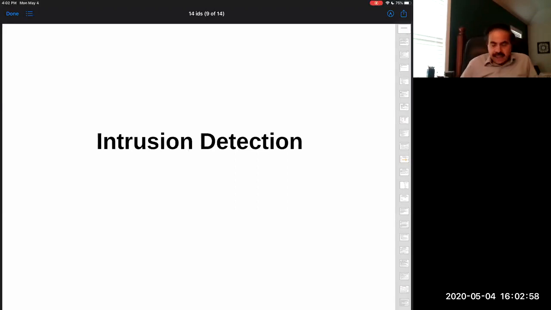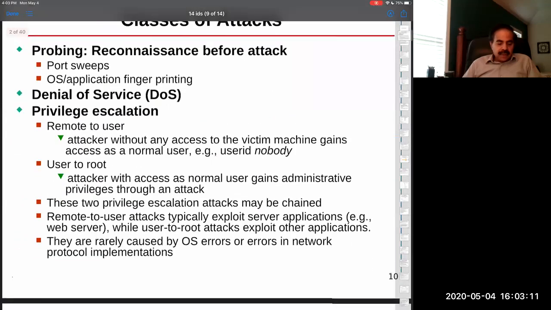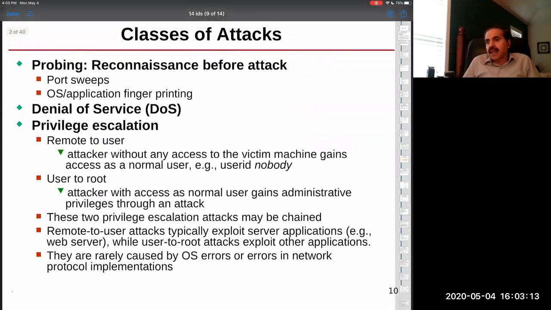So the topic for today is intrusion detection. We have talked about software vulnerabilities and attack strategies and whatnot. A lot of what we discussed in the course so far relates to finding vulnerabilities, fixing vulnerabilities, and then exploiting vulnerabilities.